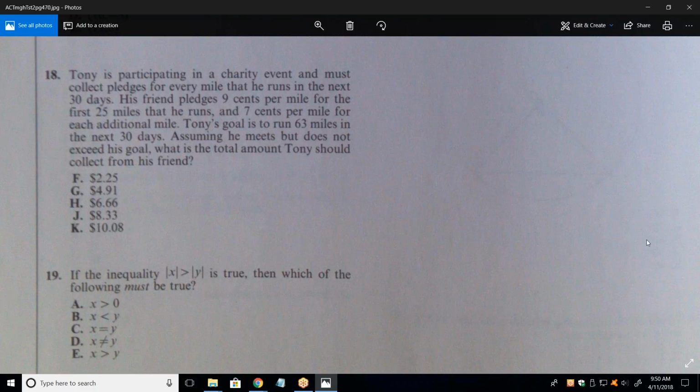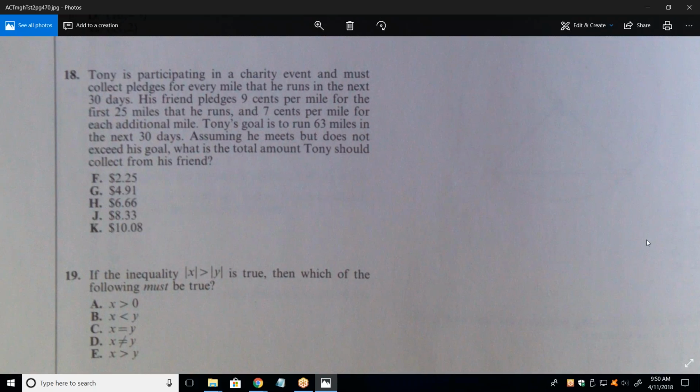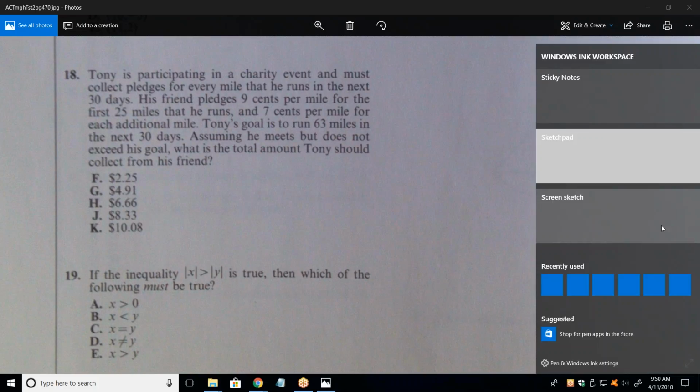Well, this is actually kind of complicated, but then it's kind of simple. If you don't know what to do on a problem like this, you don't know where to begin, start with the information. His friend pledges 9 cents for the first 25 miles he runs. So do that in your calculator.